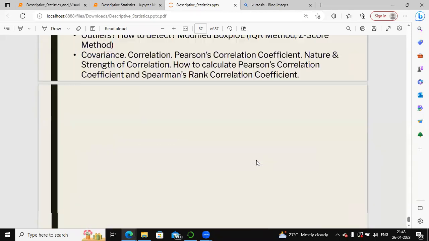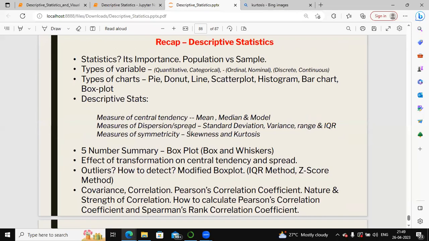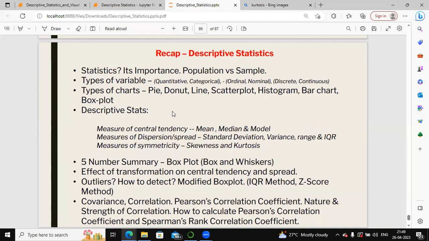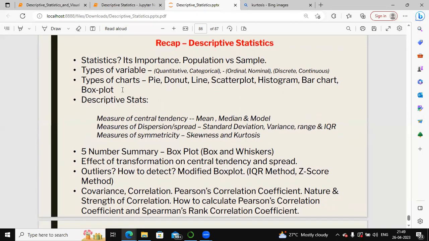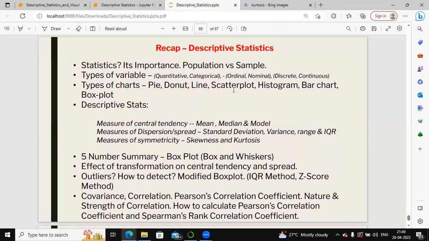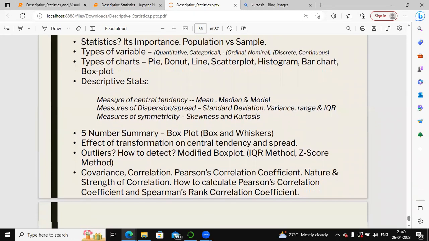Let me recap it. In the first sessions we have seen statistics and its importance, population and sample, types of variables like quantitative, categorical, ordinal, nominal, and discrete and continuous. We have also seen types of charts like pie chart, line chart, scatter plot, histogram, bar chart, and box plot.